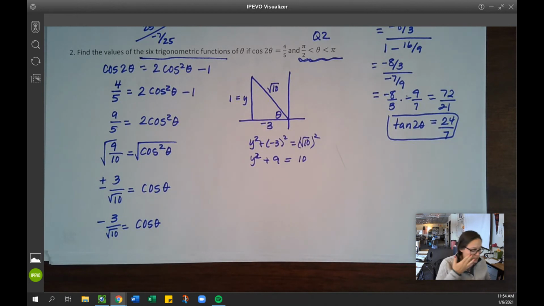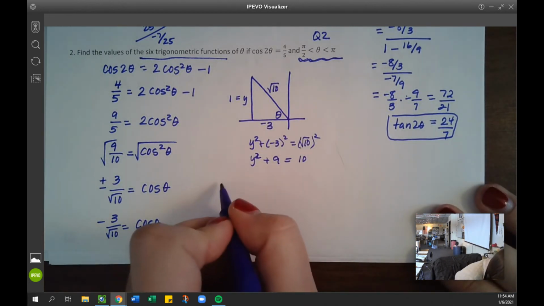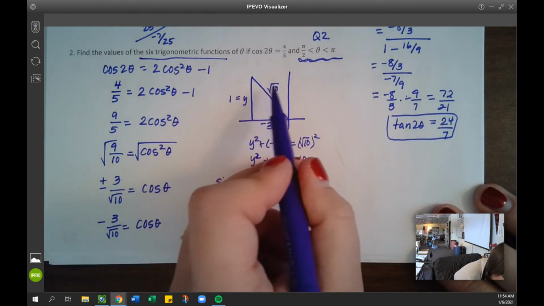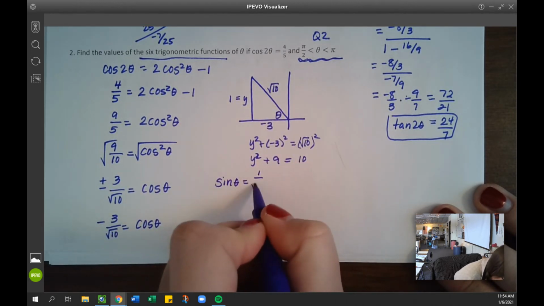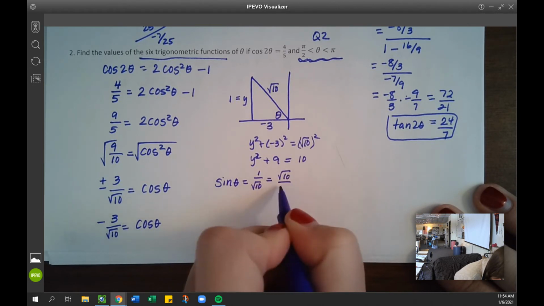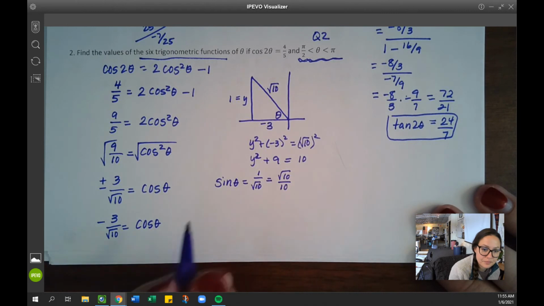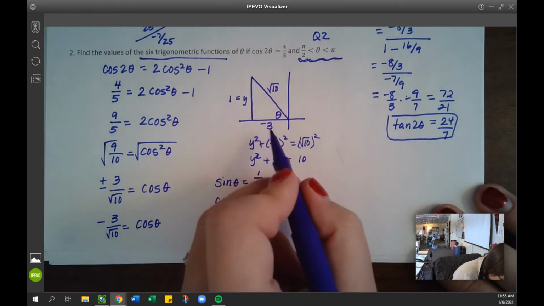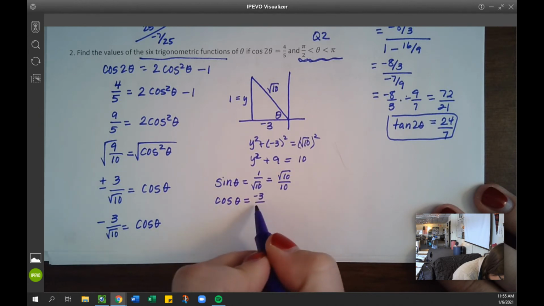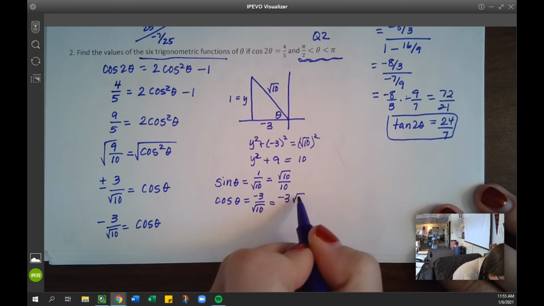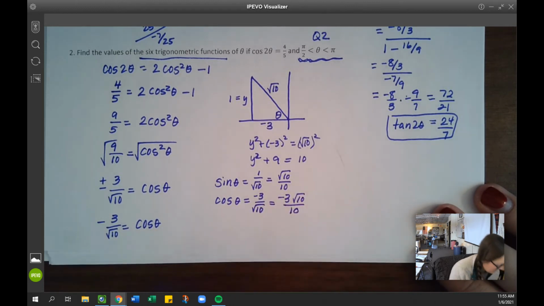So sine is going to be opposite over hypotenuse. Rationalizing the denominator, we would have square root of 10 over 10. Cosine, adjacent over hypotenuse, which when we rationalize the denominator, we get negative 3 square root of 10 over 10.